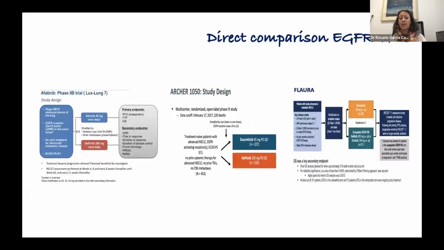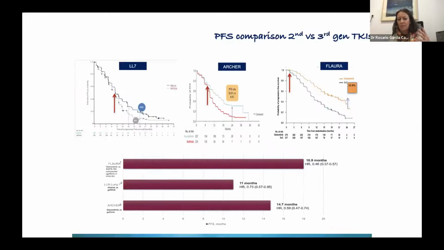The truth is that, again, the three agents, second-generation afatinib, second-generation dacomitinib, third-generation osimertinib, are really active. But it's clear that osimertinib can improve progression-free survival numerically. And I also think it's important to understand the morphology and the shape of the curves.